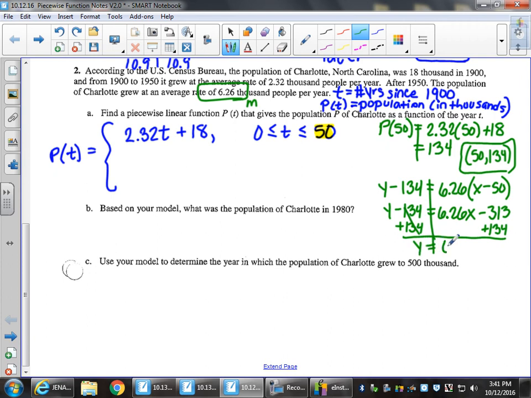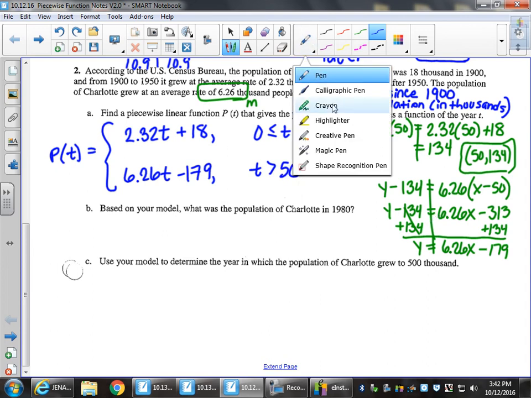We get y equals 6.26x. If I do 134 minus 313, or negative 313 plus 134, same thing, we get minus 179. This expression is my next piece. So I have 6.26t minus 179. That is for any year after 1950, so for t greater than 50. And we're done.